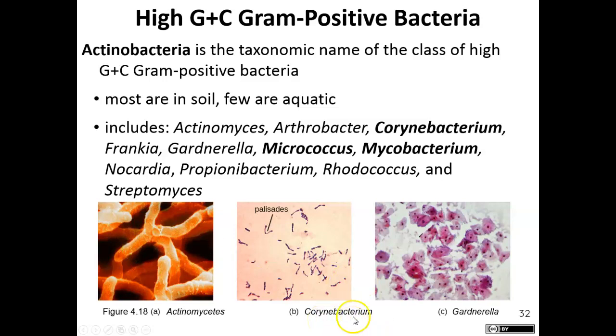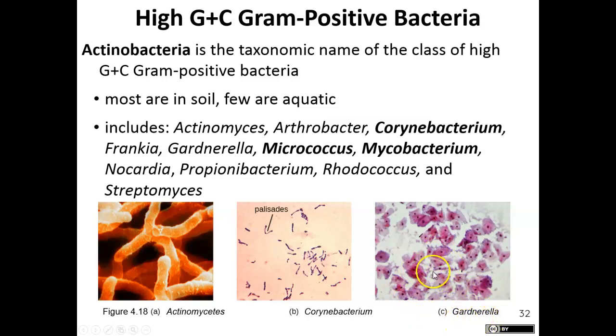We have Corynebacterium here, and you can see that they're also rod-shaped, but they often form what looks like a V shape, and that's known as a palisades. And then there's Gardnerella.